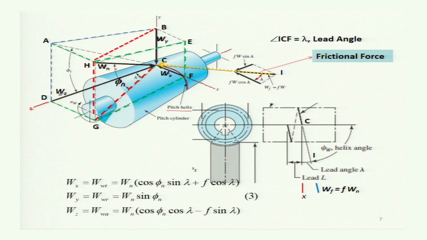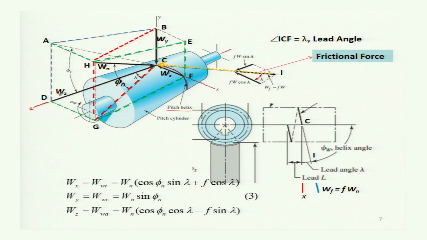Now we are going to take the effect of friction. So let a different Wn act from H to C, in the same direction as we had taken earlier, and that is normal to the thread of the worm, or the tooth of the worm, if we take the analogous term.